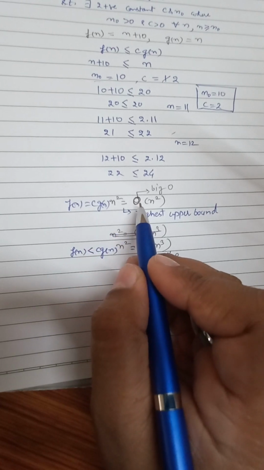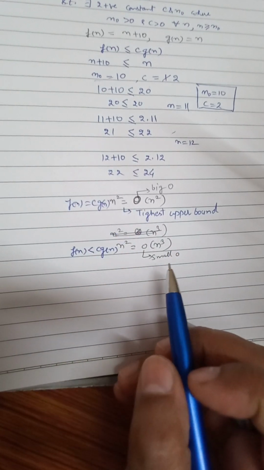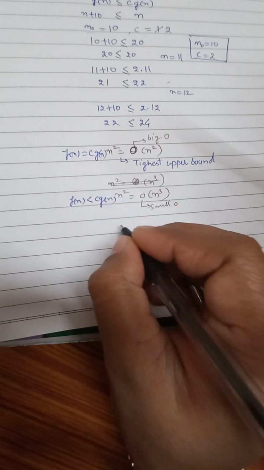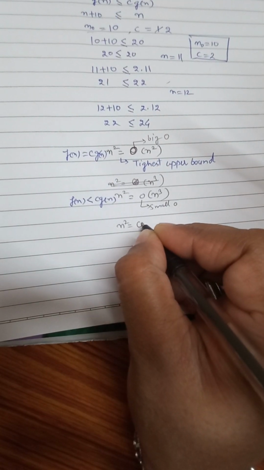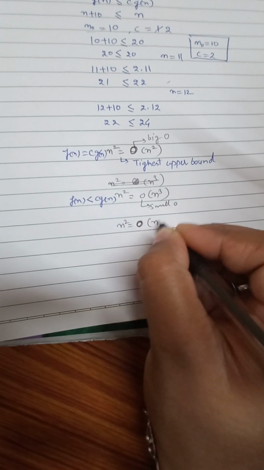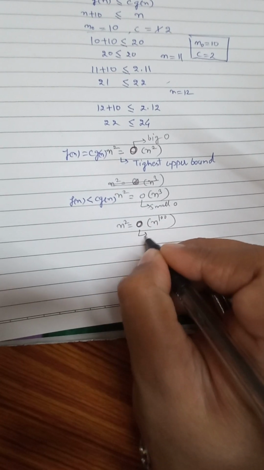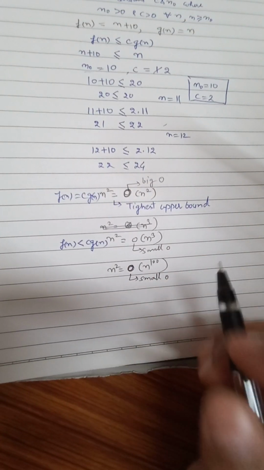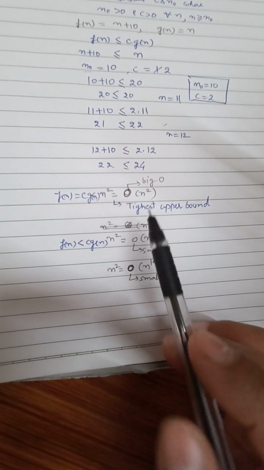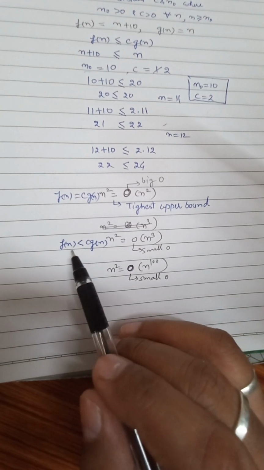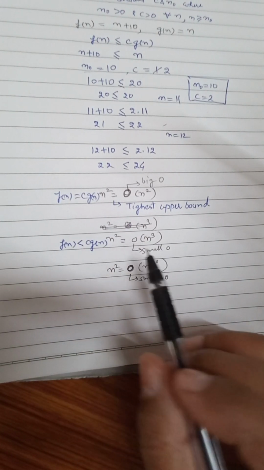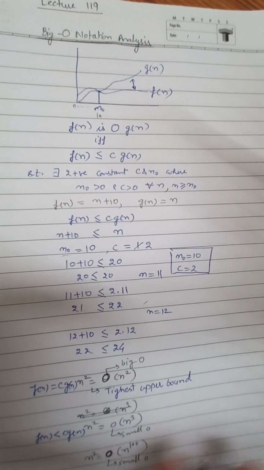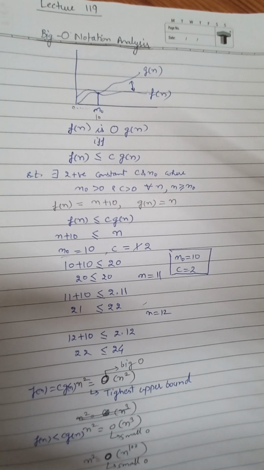If it is equal, we say big O, and if it is less than, we say small o. Another example is n square equal to order of n to the power 100; this is small o. This is the difference between big O and small o. So this was all about the asymptotic notation big O for the upper bound.